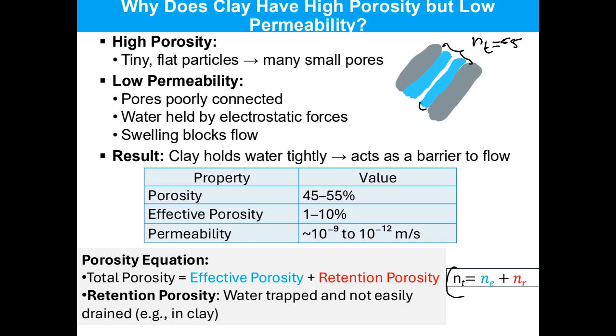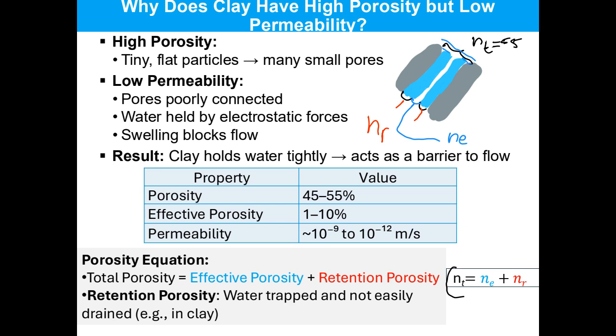This represents NR. And the effective porosity is the one, the white part right here. That's effective porosity. So total porosity is equal to retention porosity plus effective porosity, which is clear here.